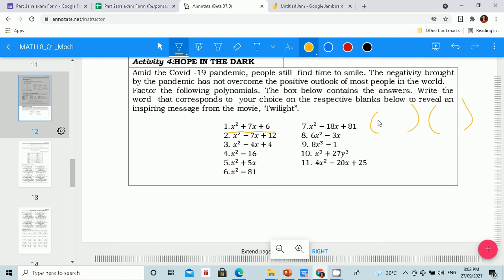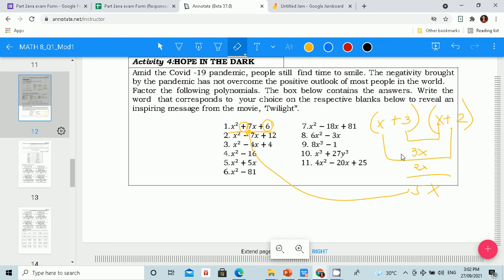So we have x, that is x. And then the factors of the last term, we have 3 and 2. Since it's positive here, we will write positive down. If we use the FOIL method, 3x plus 2x, that is 5x. Did we get the middle term? No, we didn't.